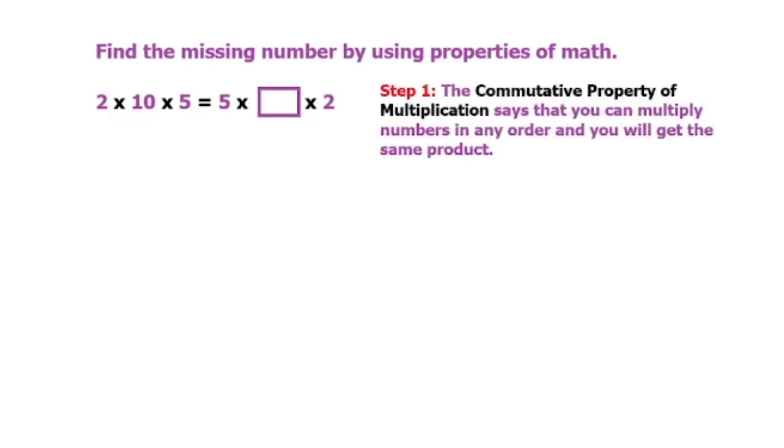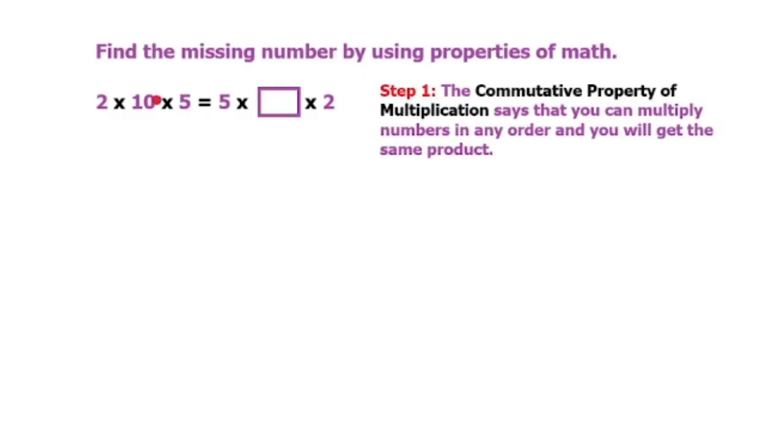So step 1 is that you need to understand that the commutative property of multiplication says that you can multiply numbers in any order and you will get the same product. So we could see that here's a 5, here's a 5, and then here's a 2, and here's a 2.